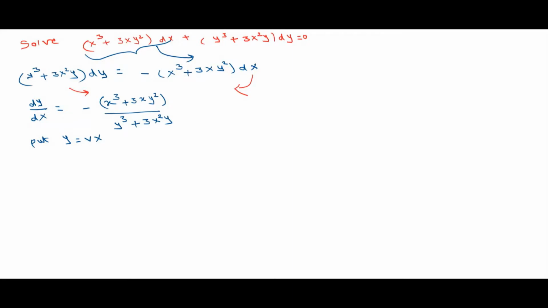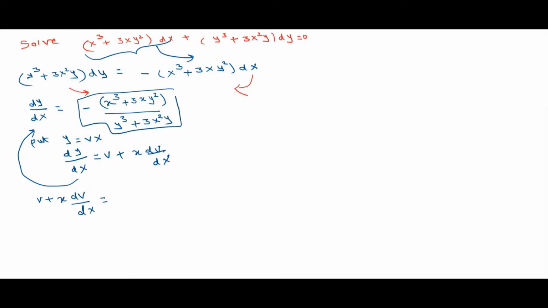If we substitute y is equal to Vx, then dy divided by dx is equal to v plus x into dv divided by dx. And you have to substitute the value for dy by dx here, so that we get v plus x into dv divided by dx is equal to, now you have to substitute the value for y is equal to Vx in the right hand side.